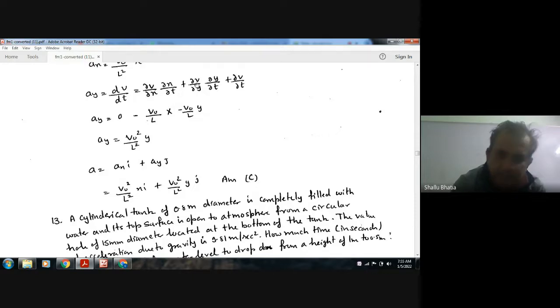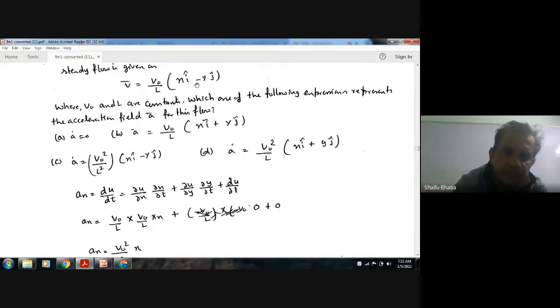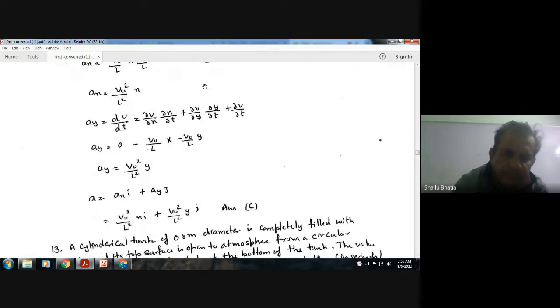And curly v by curly y is your v naught by l, and this quantity curly y by curly t is v naught by l into y. So ay is equal to v naught square by l square y, and ax is your v naught square by l square x.